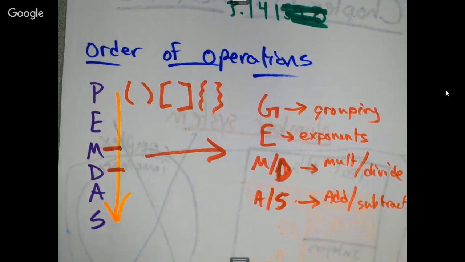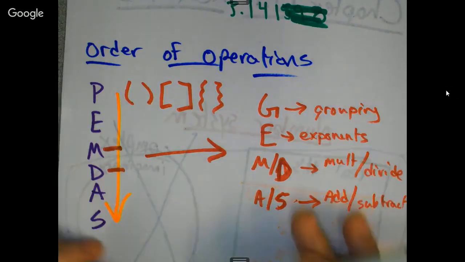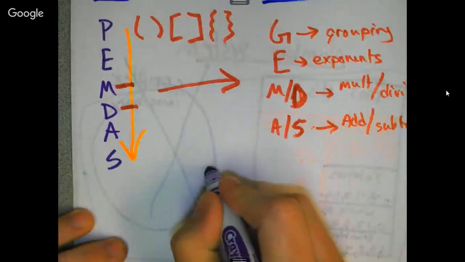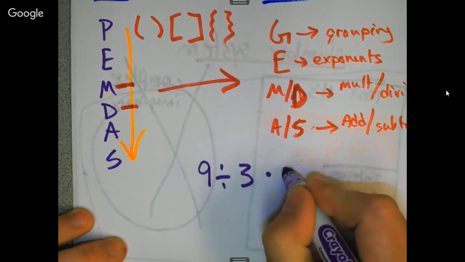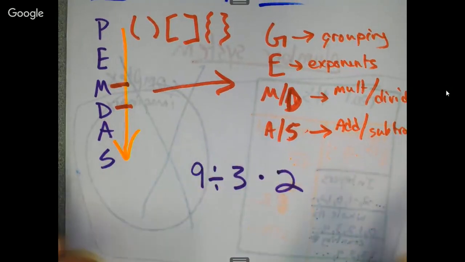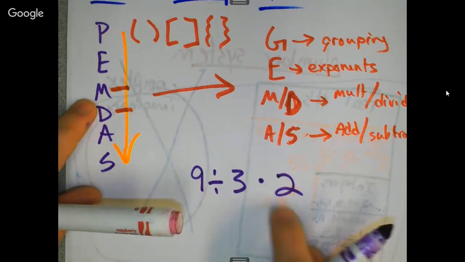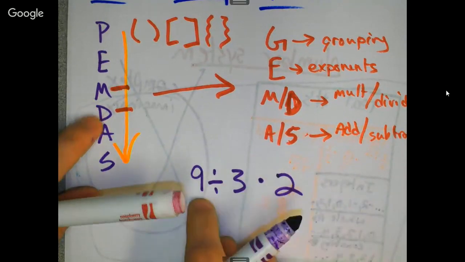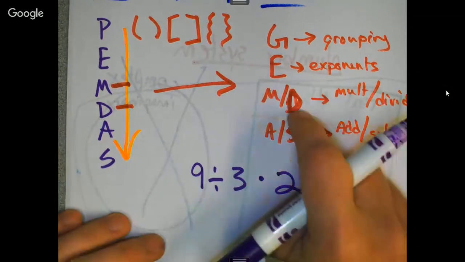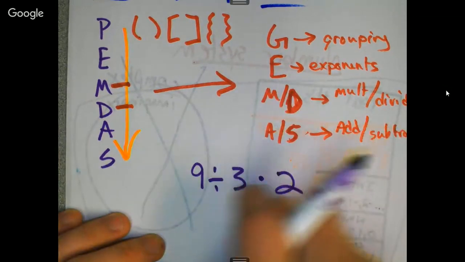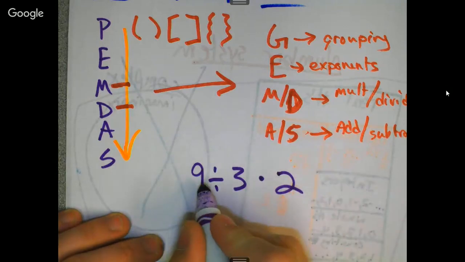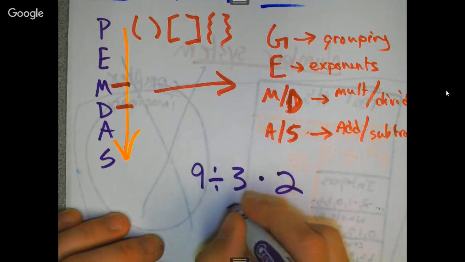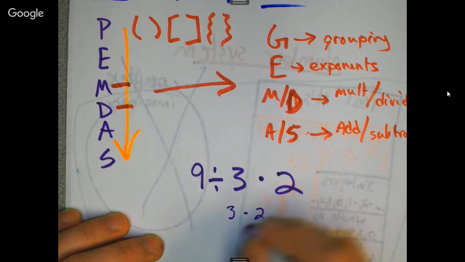So, for example, if I have 9 divided by 3 times 2, over here most would say, well, we're going to multiply and then we're going to divide. But because multiplication and division are the only ones there, you must do it left to right. So really, we're going to take 9 divided by 3, and get 3 times 2, which would be 6.